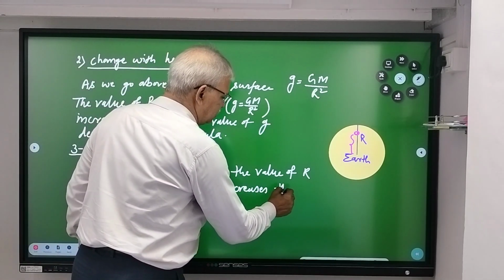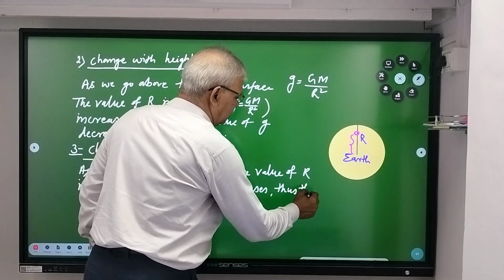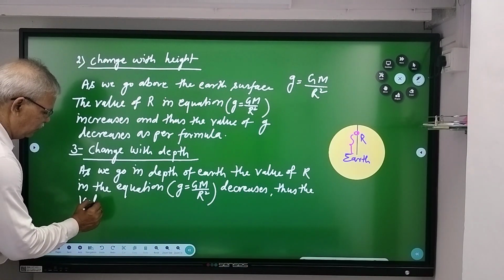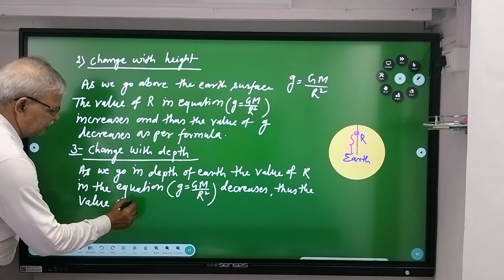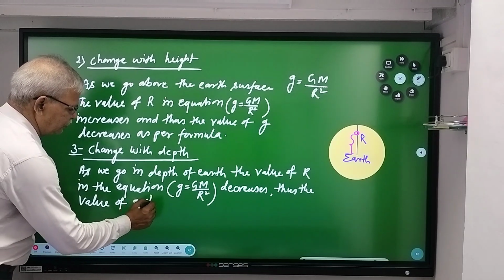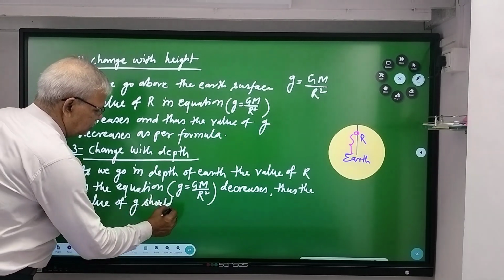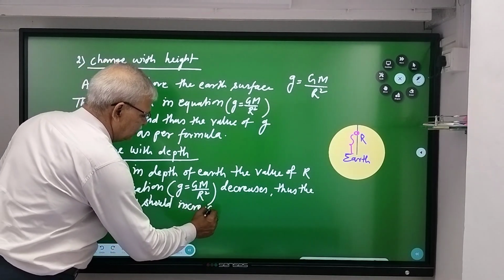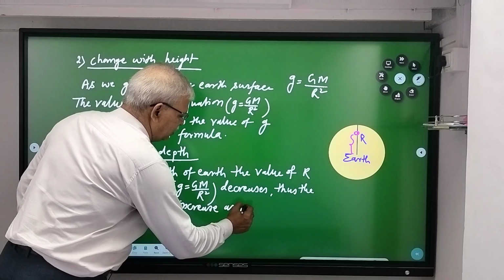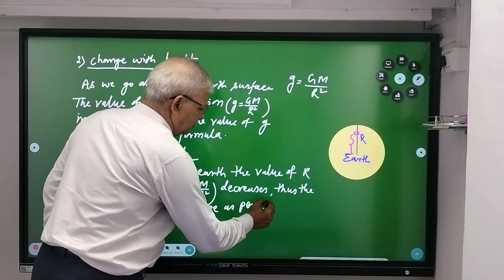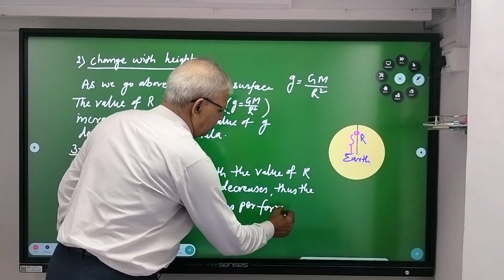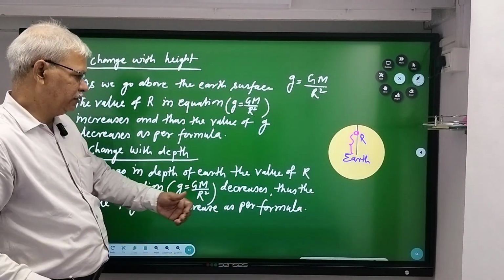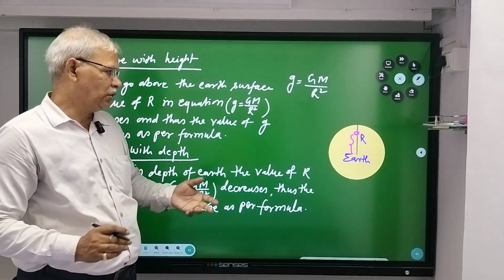Thus, the value of G should increase as per formula. But this has not happened. Why has it not happened?